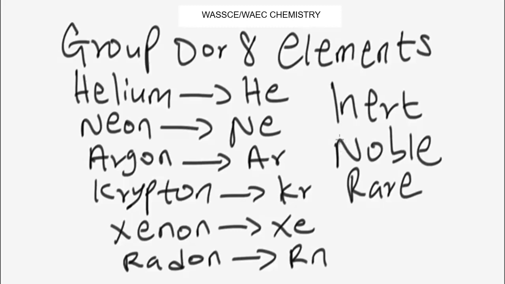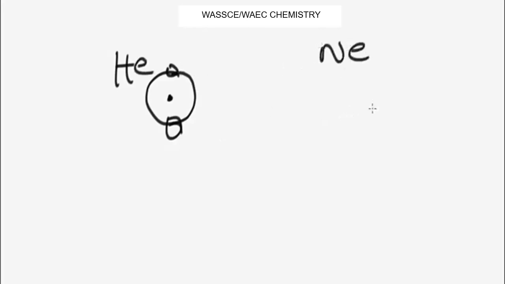Let me illustrate. Helium has atomic number 2, so this will be the atomic structure of helium. This is the nucleus, this is the electron. The atomic shell is completely filled with electrons, so it's stable. This is the helium atom. Now let's look at neon. Neon has atomic number 10.